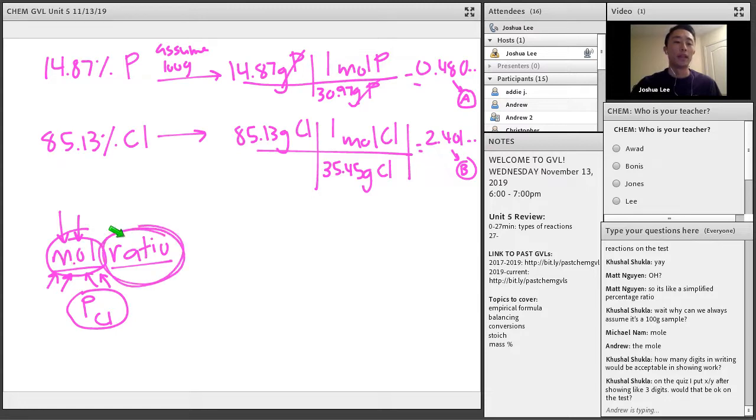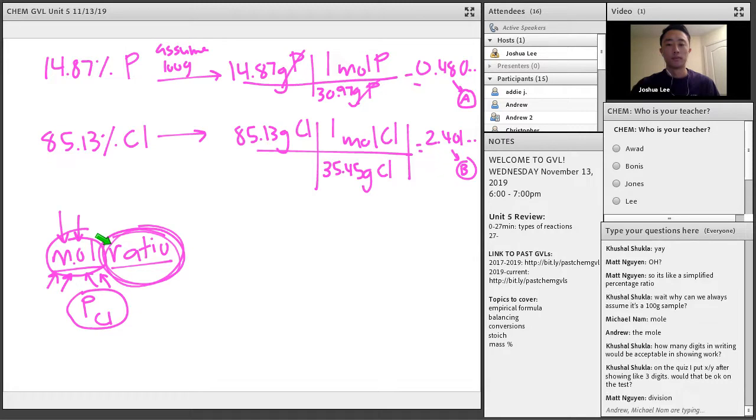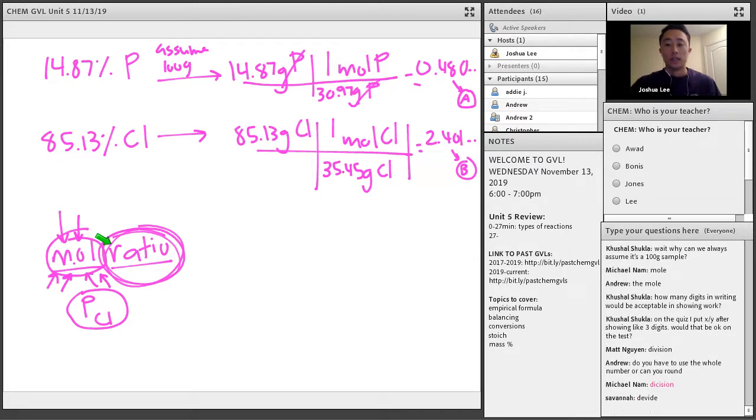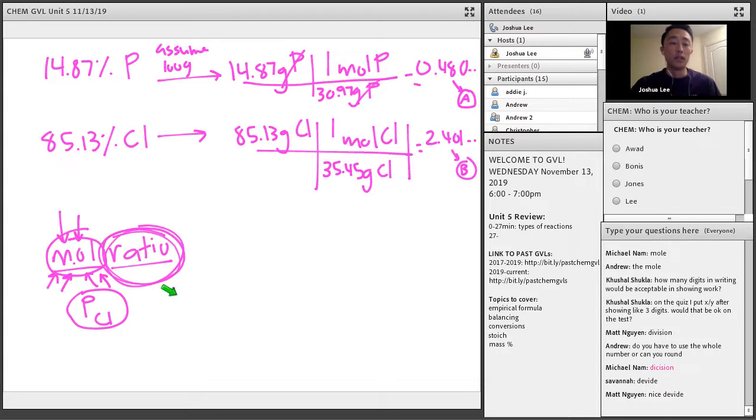What kind of math do I have to do for a ratio? Division. Never round in between your steps, because if you round, things could get ugly. So ratio, you're going to divide, and anytime you divide by your smallest number.